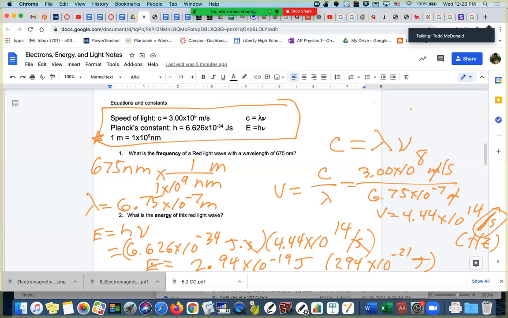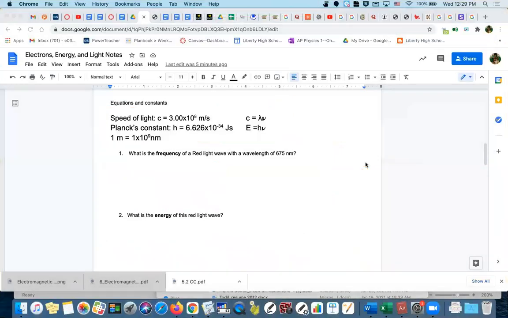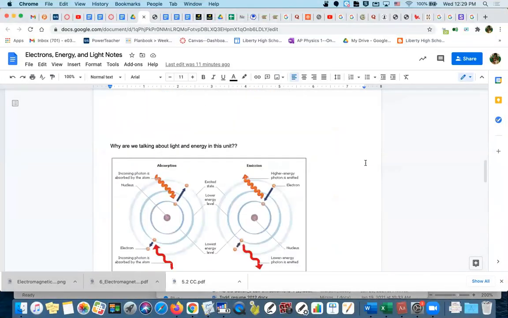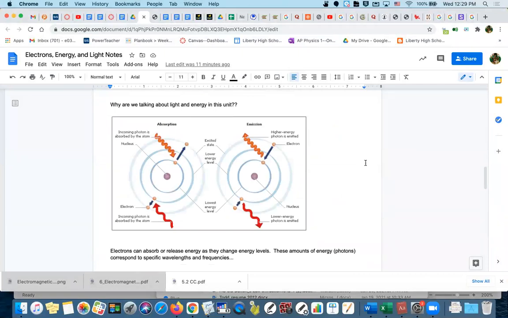Okay, now moving on. Question is, why the heck are we even talking about light and energy in this unit? Okay, it's all about the electron. So the reality is electrons are going to change energy levels.